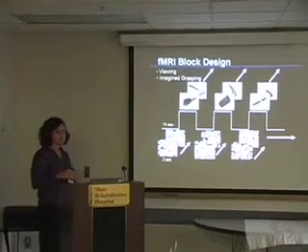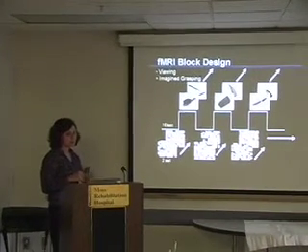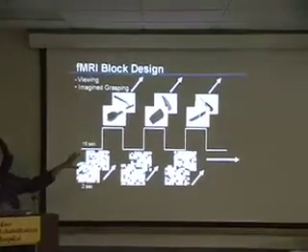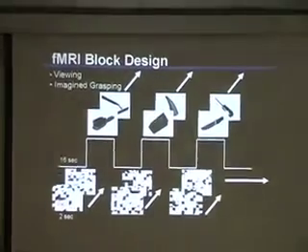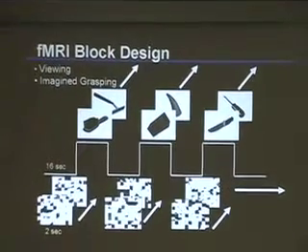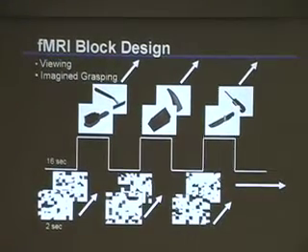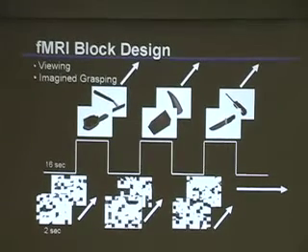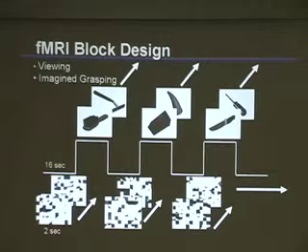We presented these images to our observers in a simple block design with control blocks of just scrambled images of the tools or the shapes. And we had them do two different types of tasks in separate runs. The one was a viewing task, where they simply were told to attend to all the objects and all the scrambled images, do nothing else, just watch them.